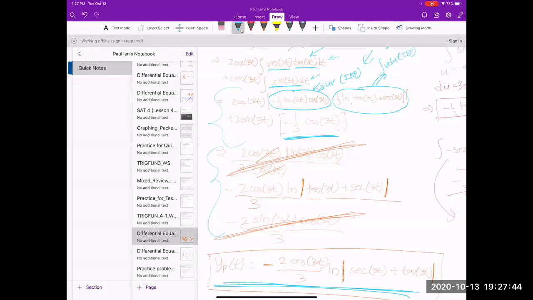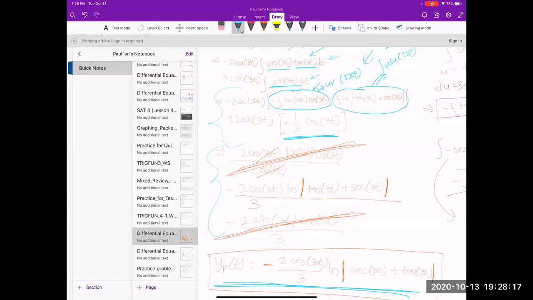So the second one simplifies to sine times the integral of sine, which is negative 1/3 cosine of 3t. That one should cancel with the first term, not the natural log. The natural log is the one that sticks.